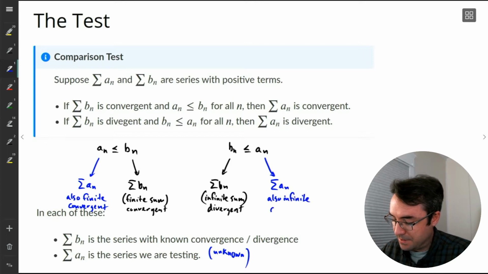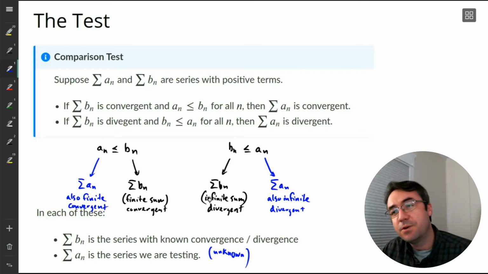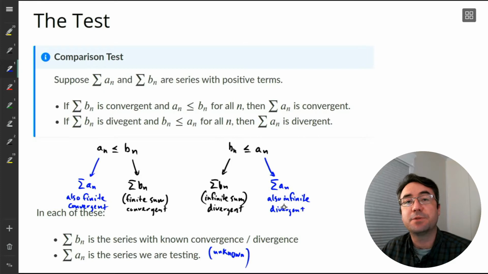And so, divergent. So it's kind of a way to remember here. When bn is larger, it kind of forces our an terms, our series formed from our an terms, to converge. And when bn is bigger and it diverges, then it forces the series formed from our an terms to diverge as well.